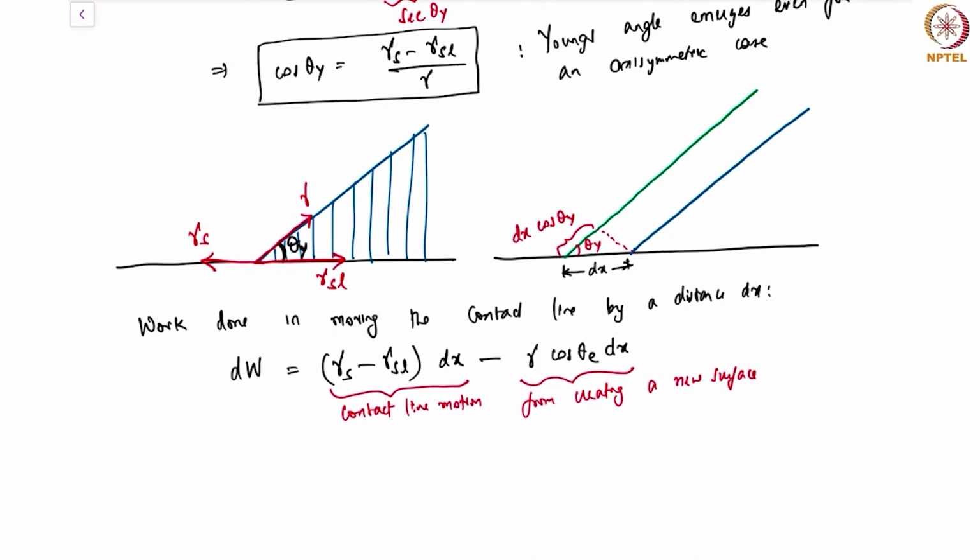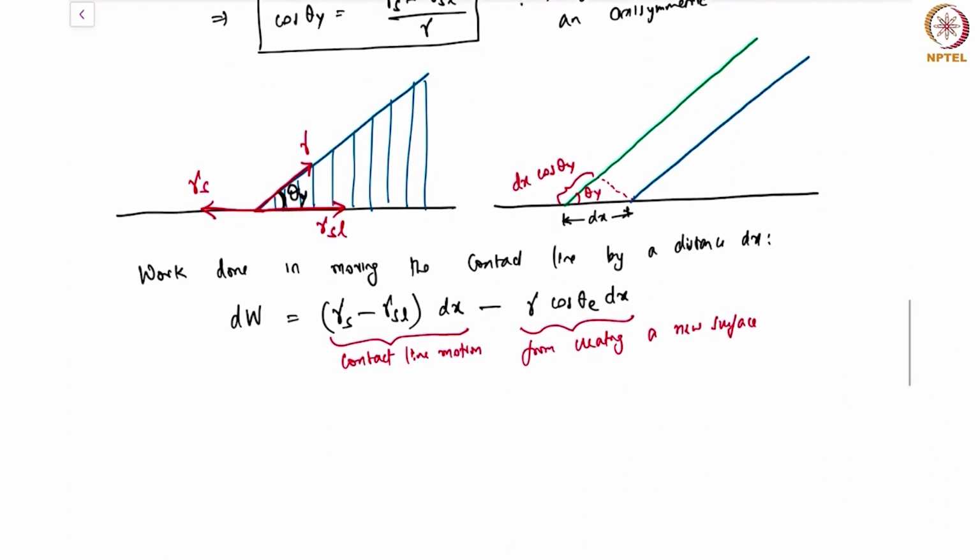Now the sign of this dW is not very important. In other words, I could be moving left or right. Ultimately we want to find out, if there is a small change in the position of the contact line and the interface moves on the surface, what is the work that needs to be done to move it, provided the angle remains the same, right?